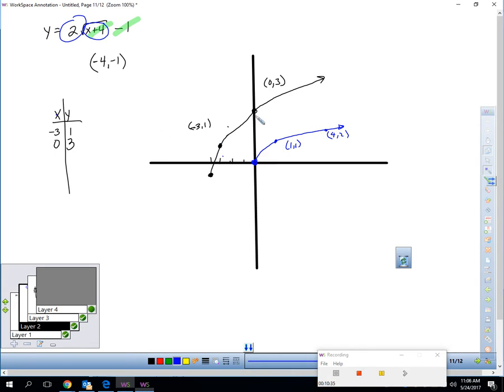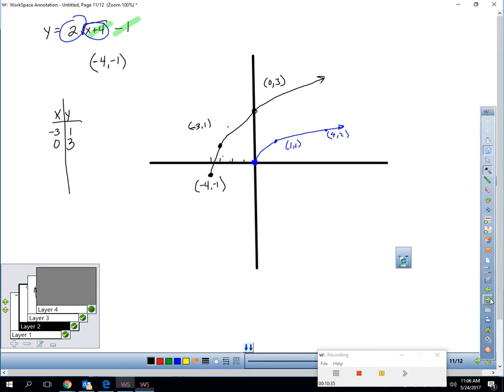And there's another point. So I have 3 points labeled now: my starting point and 2 others. I didn't even need, in this question, to write the domain and range. Actually, I didn't even need to put the parent function either. They didn't ask me to, but there would be a sketch, starting point and 2 other points.